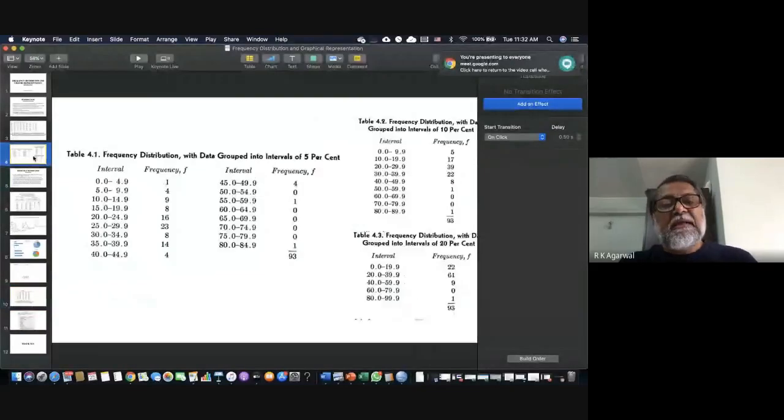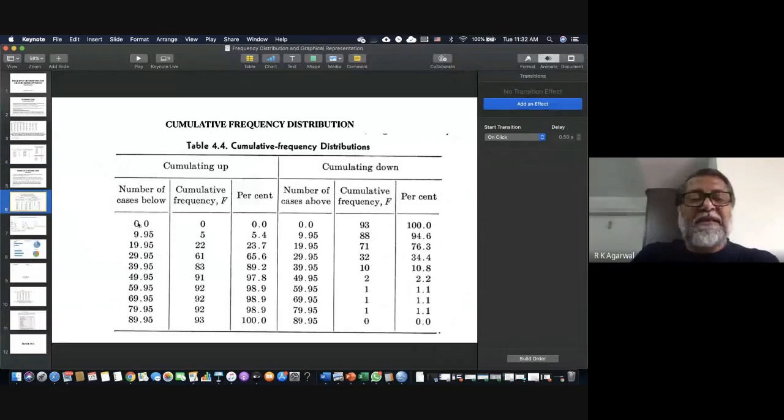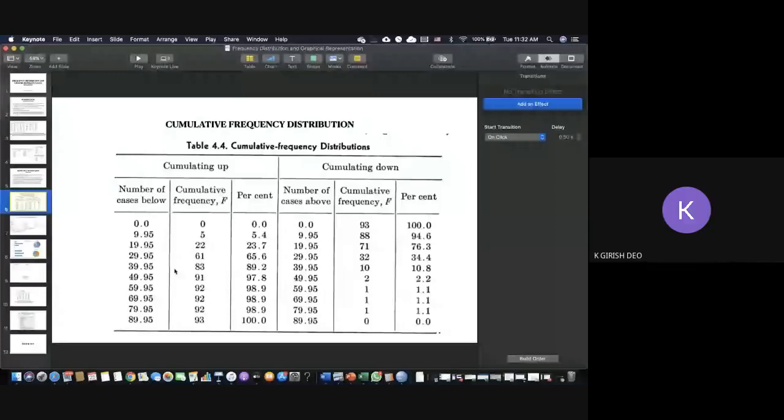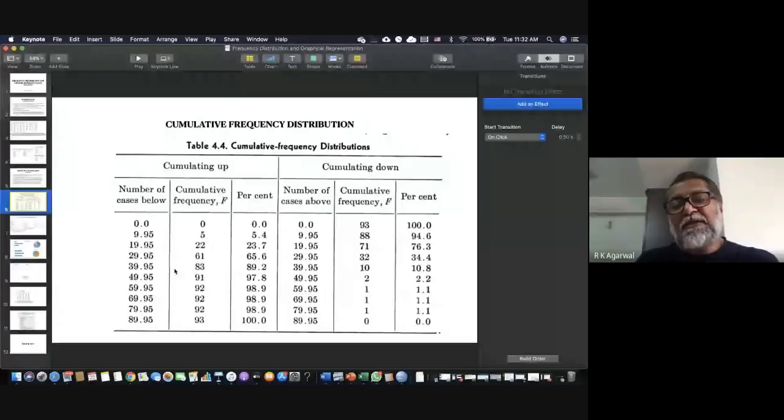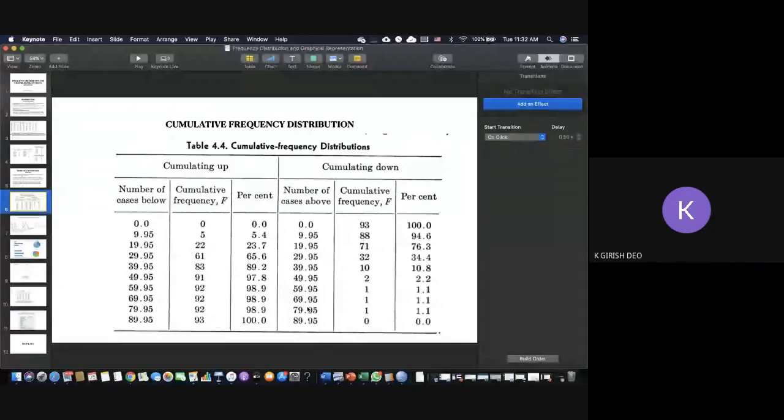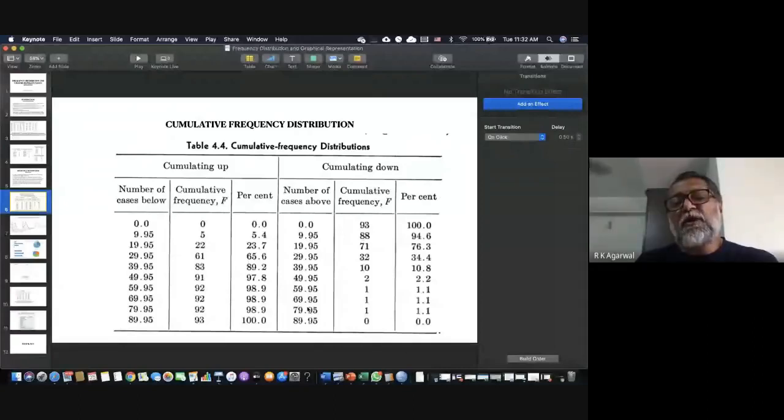When you show these two columns in terms of a graph, you end up getting an ogive of accumulating up type. If you plot these two columns, then you end up getting an ogive of accumulating down type. Cumulative down type.